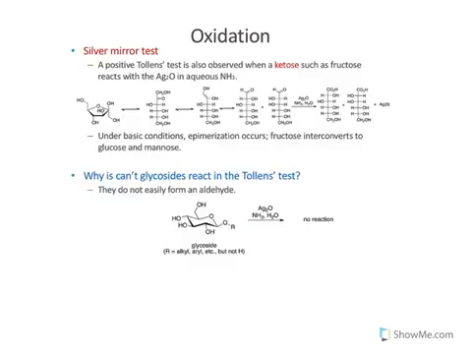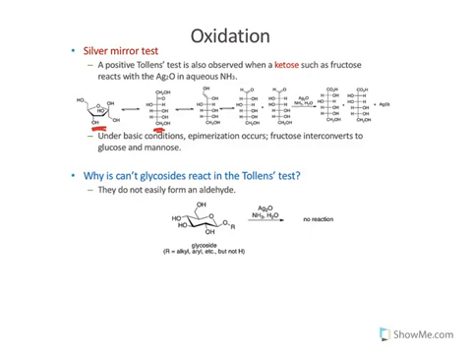Now this would happen whether you have a 6-membered ring or a 5-membered ring. For example, fructose usually prefers to exist as a 5-membered ring, though there's an equilibrium between the 5 and the 6-membered ring. And then in the presence of a base, this compound would also be able to transform into a linear configuration.